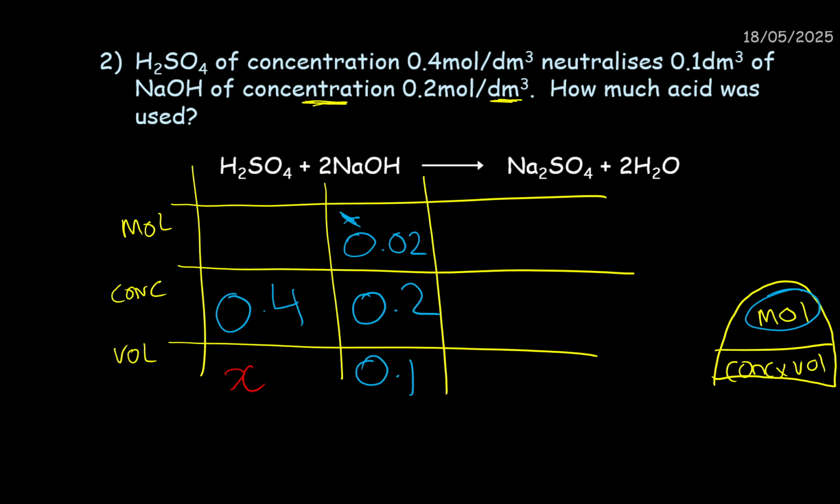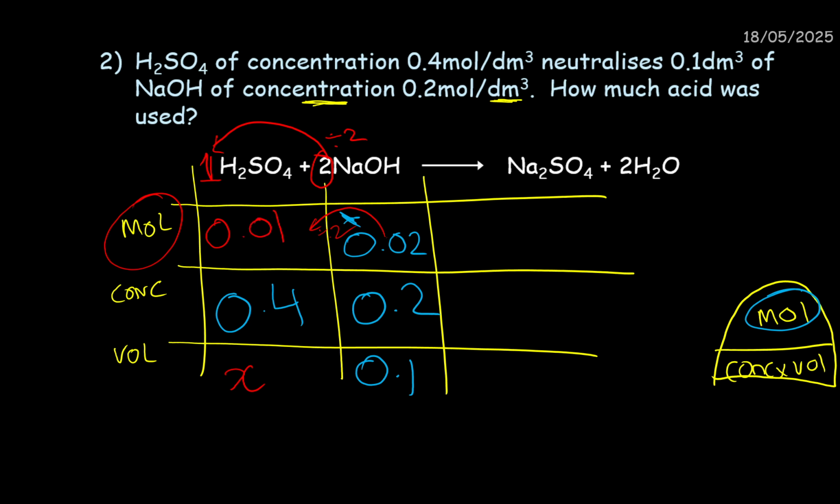We can calculate volume by moles divided by concentration, but we don't have moles yet. The way you find moles is you use the ratios. If this is 2 and this is 1, how do we go from 2 to 1? We divide by 2. So the same thing here, we divide by 2, and we get 0.01. To find the moles, we use the ratio.